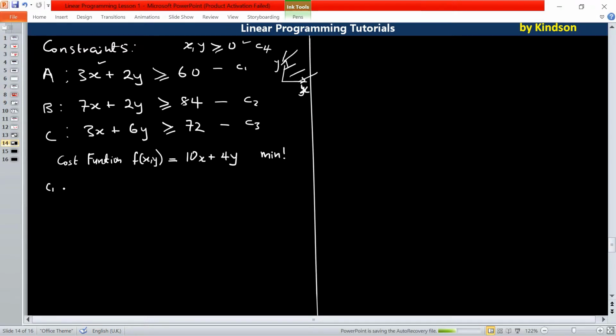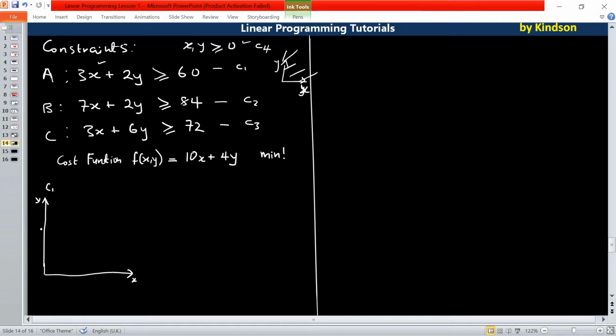Let's try to sketch it. So for C1, this is x, this is y. We are trying to find the intercept on the x-axis and the intercept on the y-axis. The intercept on the y-axis is at a place where x is 0.